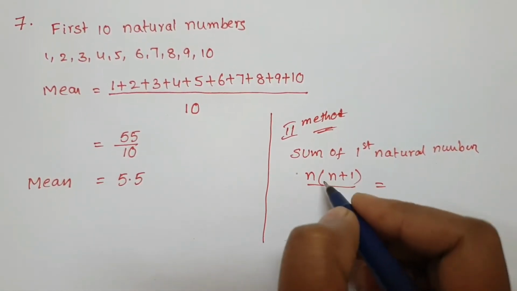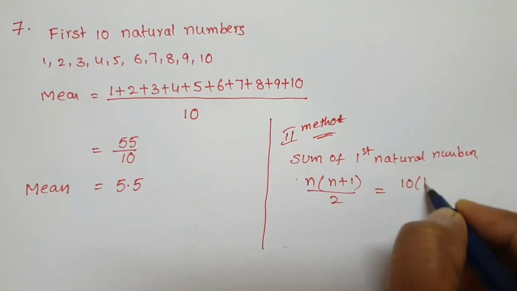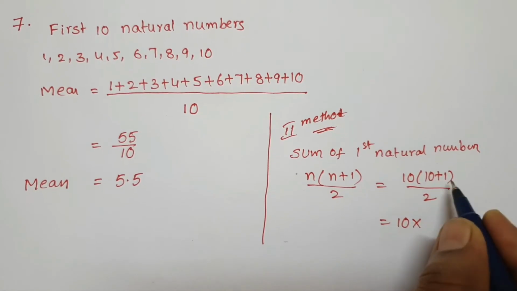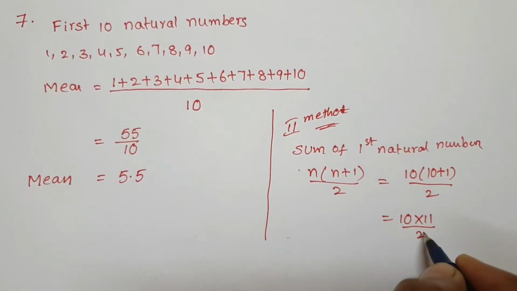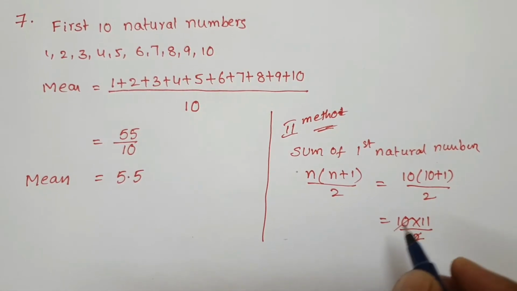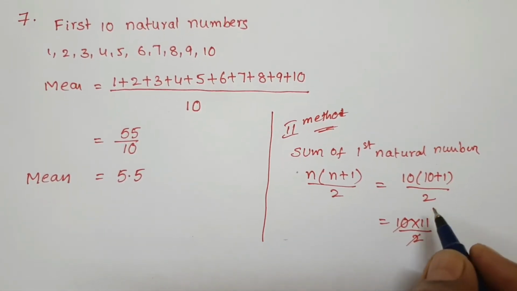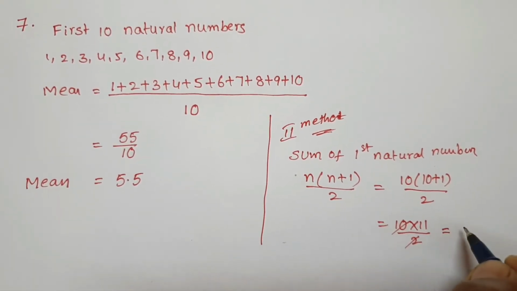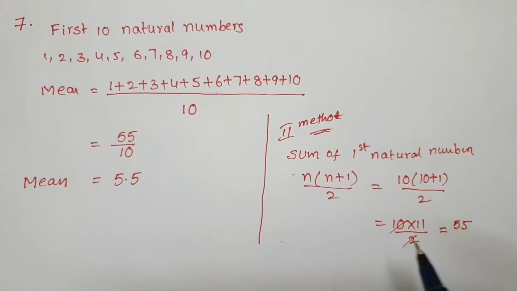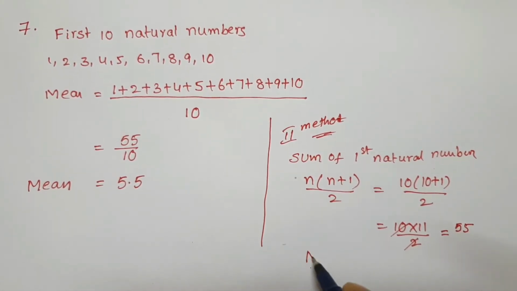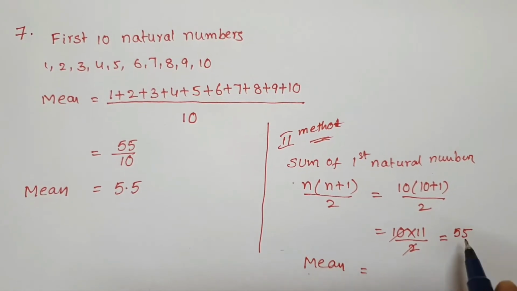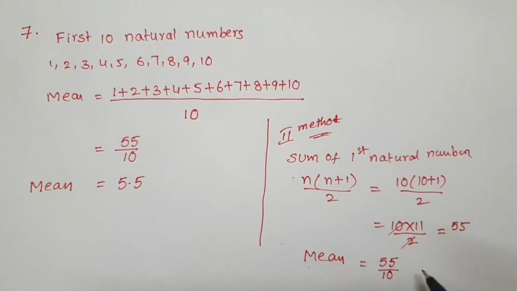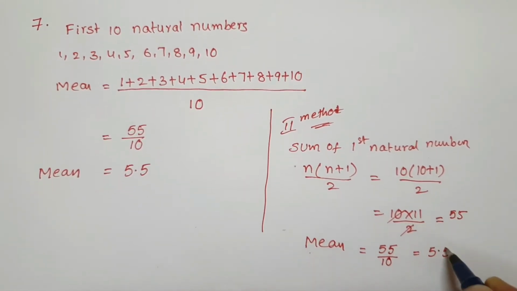How many? 10. Here n equals 10. 10 into 10 plus 1, 11, by 2. Here the 2 cancels, 2 fives. Sum of observations by number of observations: 11 fives, 55. Again mean equals 55 by 10, we get 5.5.